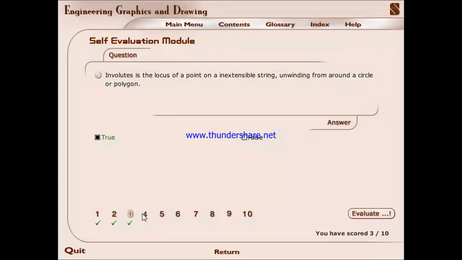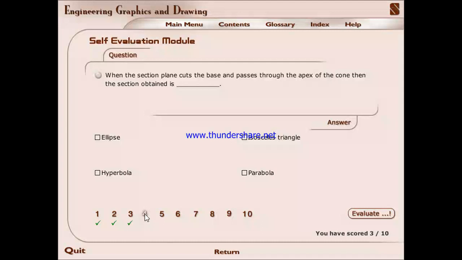Now next, fourth point. When a section plane cuts the base and passes through the apex of the cone, then the section obtained is: ellipse, isosceles triangle, hyperbola, parabola.